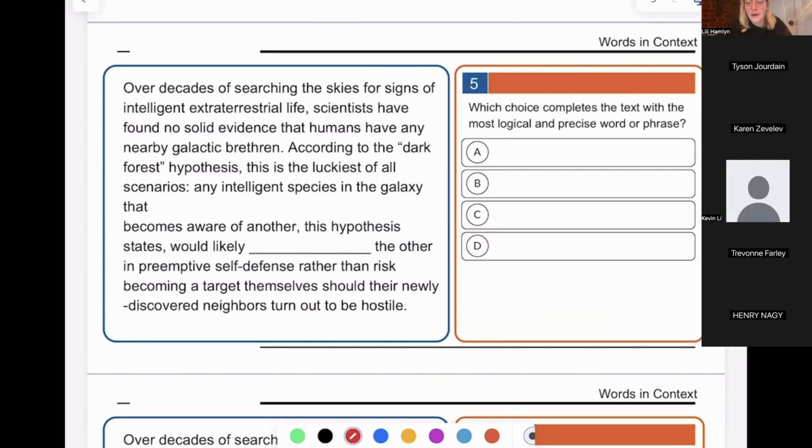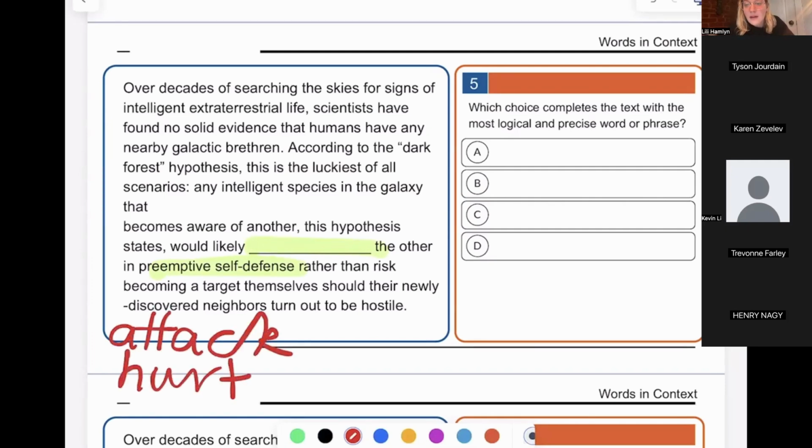Yeah, exactly. These are all fantastic. So here we're saying that would likely something that other in preemptive self-defense. And so words like attack, hurt, fight exactly are all what we need.